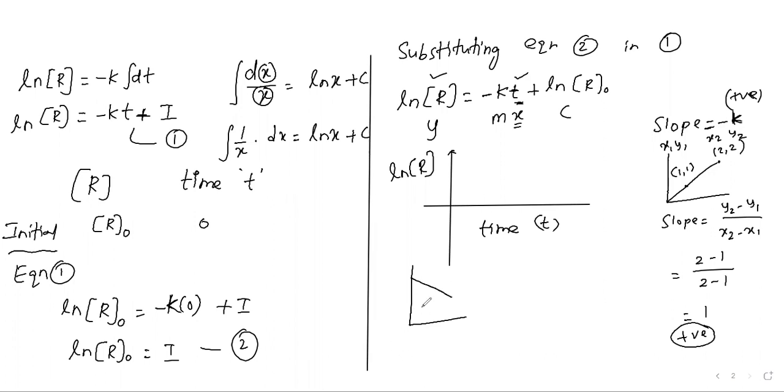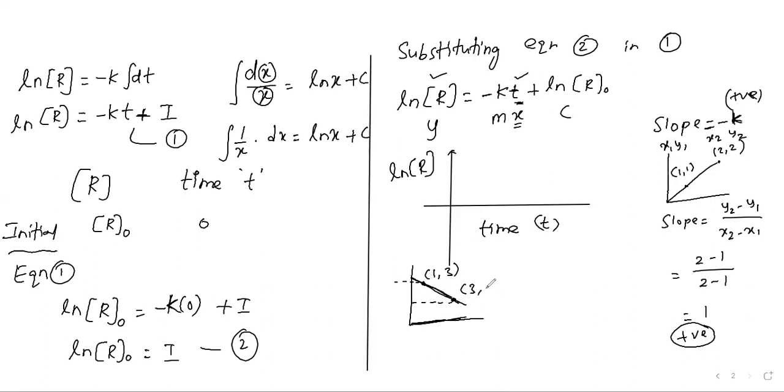Now I'll draw one more graph like this. Let us take this point: if x value is 1, let us take y value as 3. Now in this point, will the x value be more or the y value? X value from here to here is increasing, so the x value will definitely be more. But what about the y value? Here the y value is more, but here the y value is low.